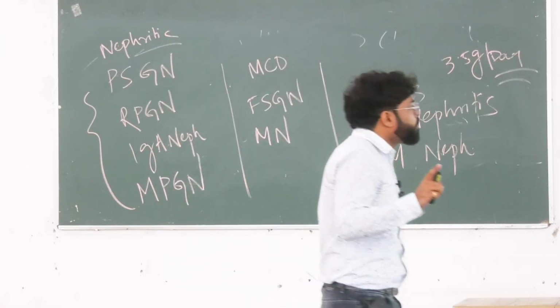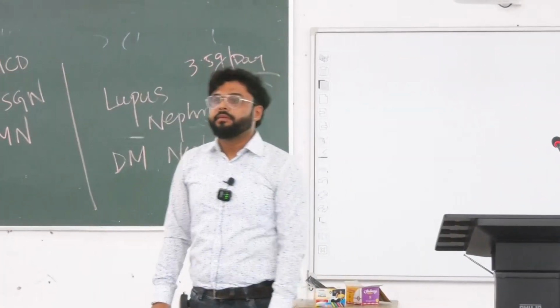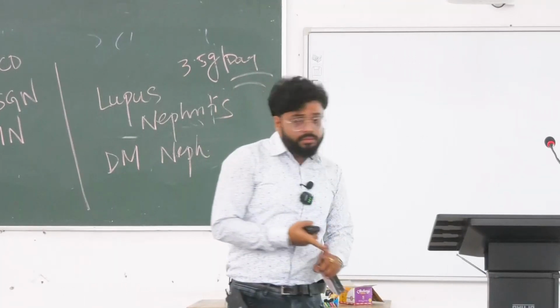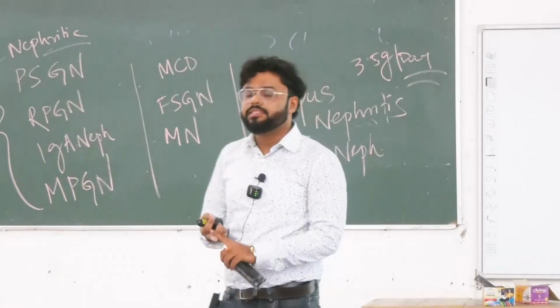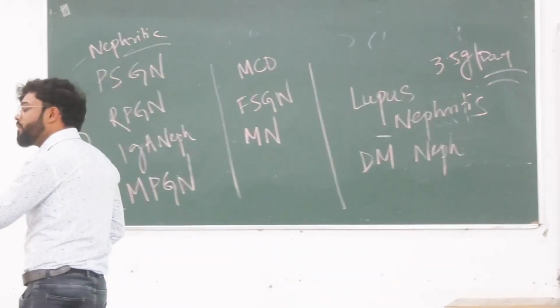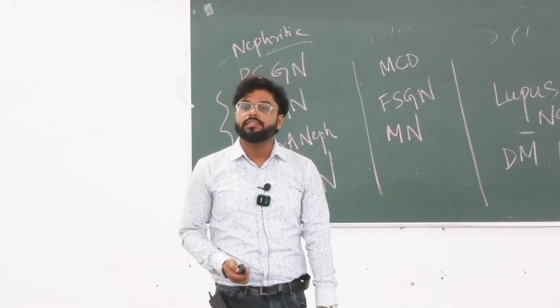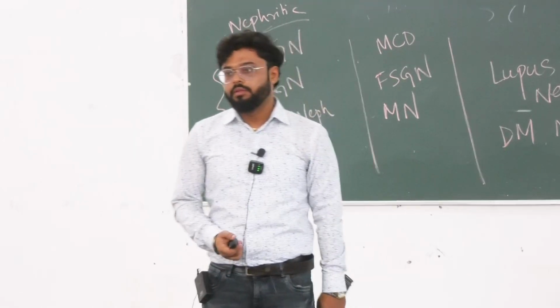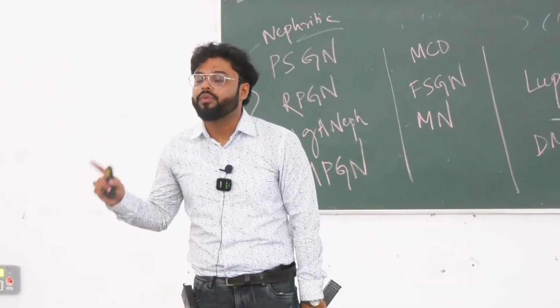There are so many causes of polyuria, like excessive fluid in the body, diabetes insipidus, diabetes mellitus. But when I'm talking about polyuria in the context of glomerular disease, it's known as nephrotic syndrome. Polyuria is a feature of nephrotic syndrome.